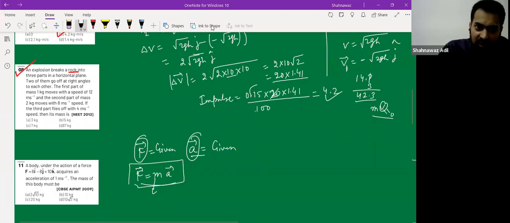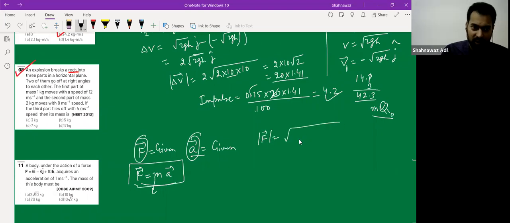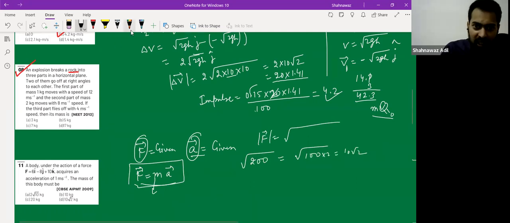D. Okay. Anybody else got D? Say root 200. Root 200 is 100 into 2, so 10 root 2, so D. So 2 people.